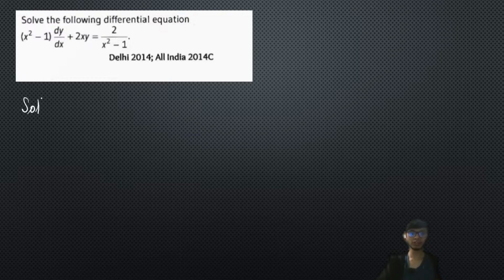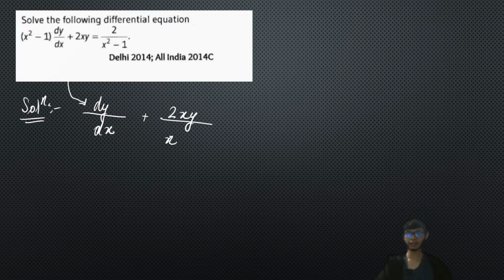Again, if you look at the next problem, you see that this is a given differential equation of this form. From here I'm directly dividing by x square minus 1, so what you can see is that it is becoming like this.